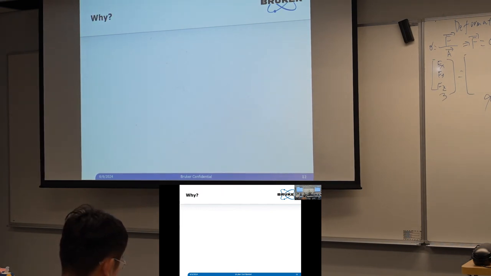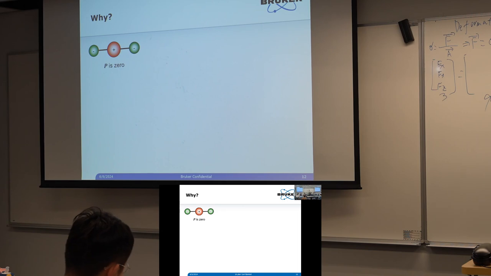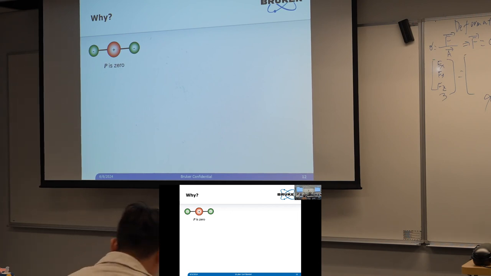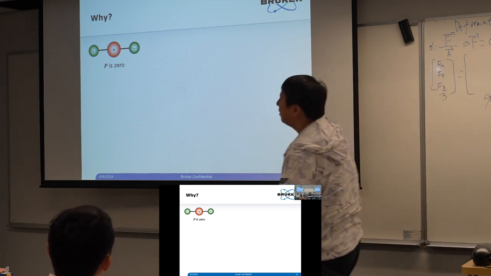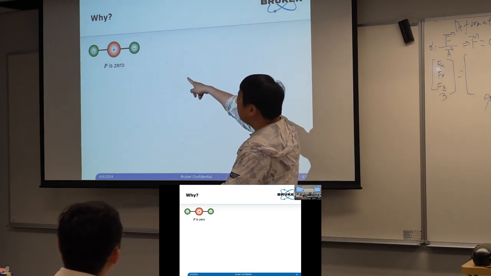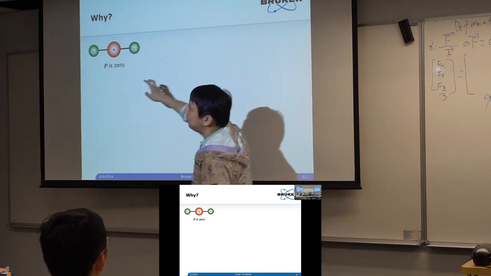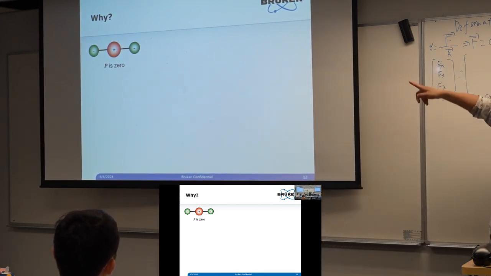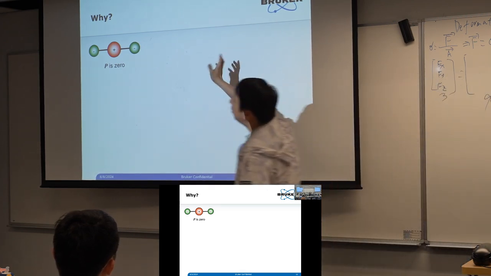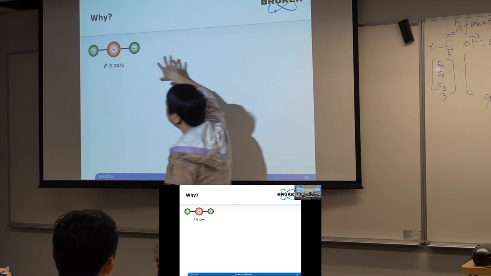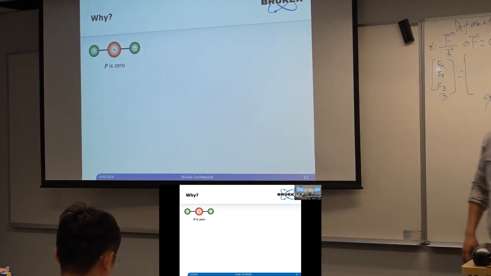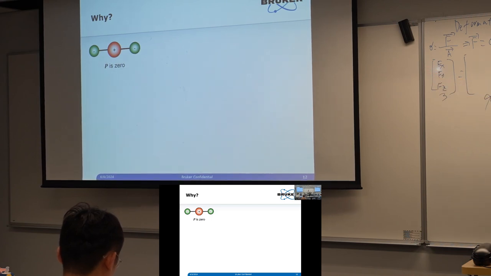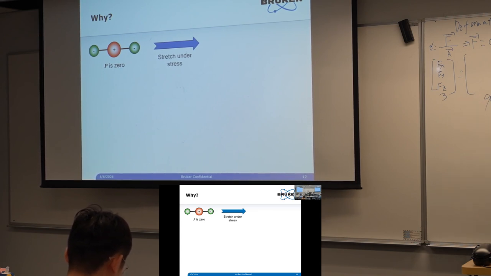I will make a brief example to help us understand this symmetry case. We use carbon dioxide as the example. Carbon dioxide itself, of course, has an inversion center, and since it's nonpolar, this molecule is fully symmetric, so the P of this carbon dioxide is absolutely zero. Then we stretch the material using some stress.